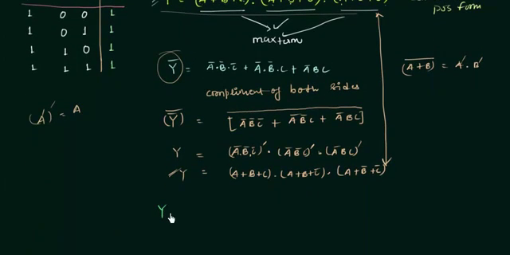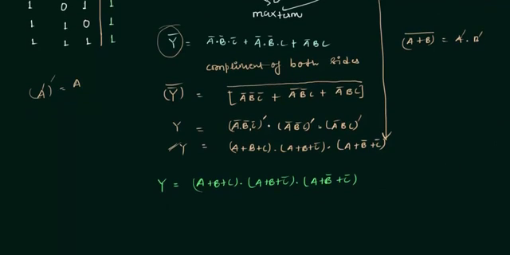So the function y is equal to a or b or c, and a or b or c complement, and a or b complement or c complement, and we want to reduce it by using Boolean algebra. This is a good practice for you because you have already studied Boolean algebra.